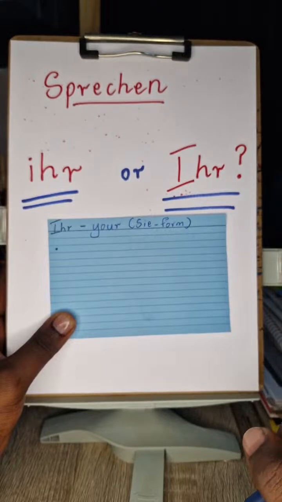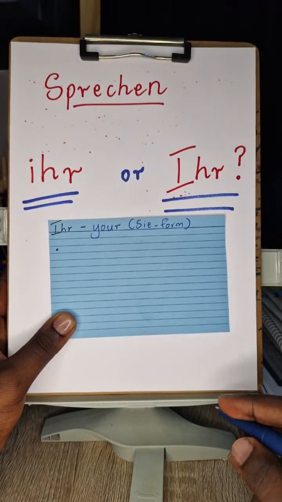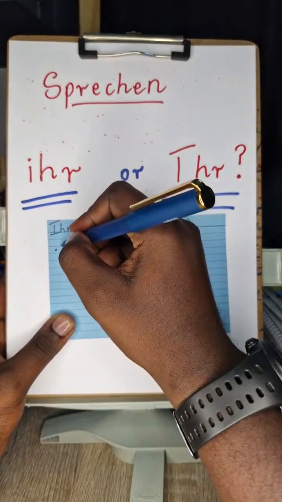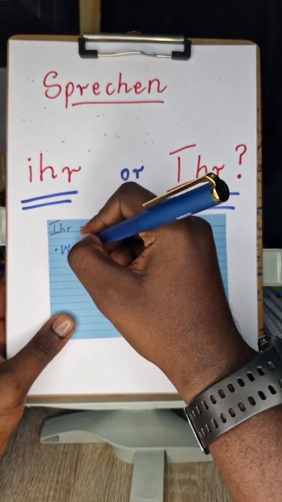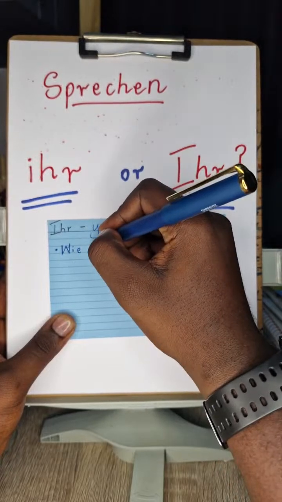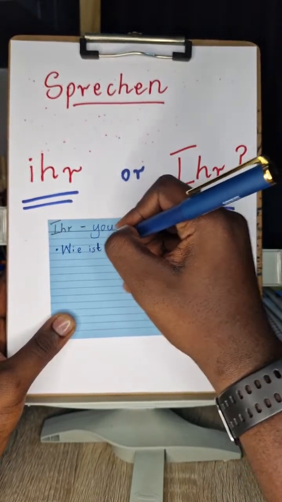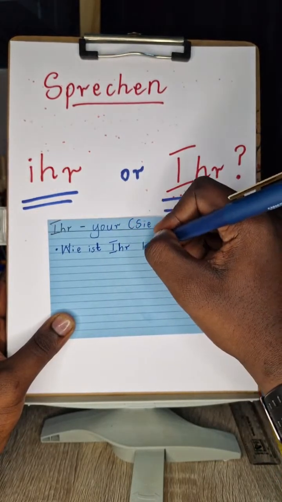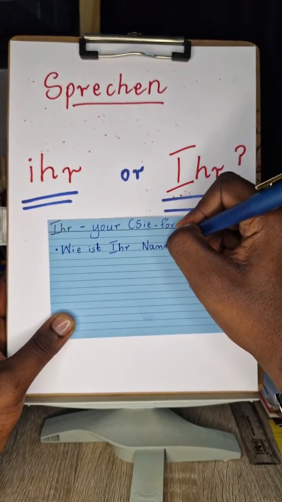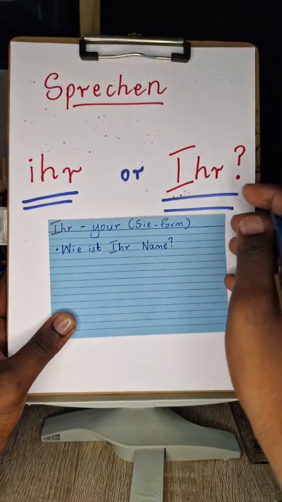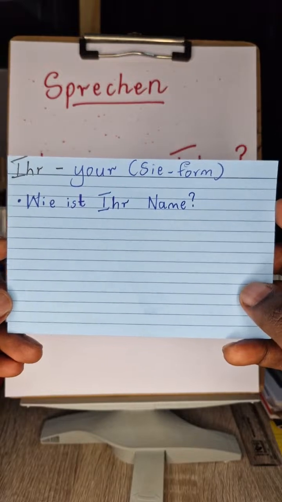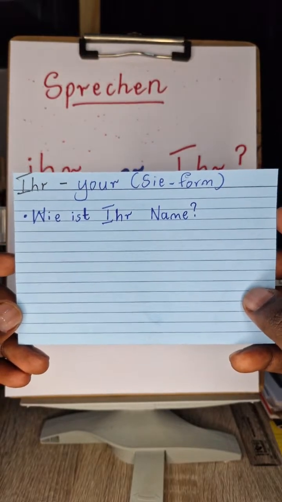Now, in German, when you ask somebody the name, don't ask with was ist. Instead, you would use wie. What is your name? Wie ist Ihr Name?